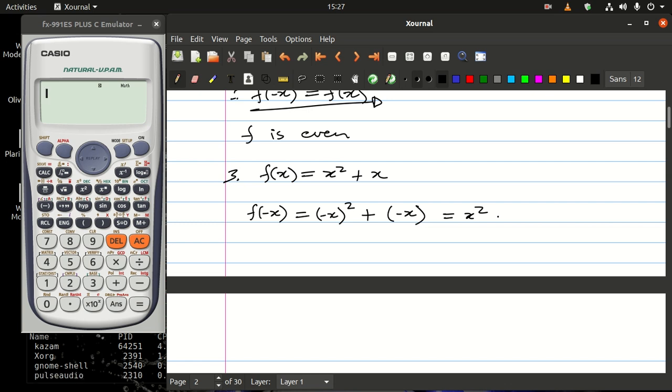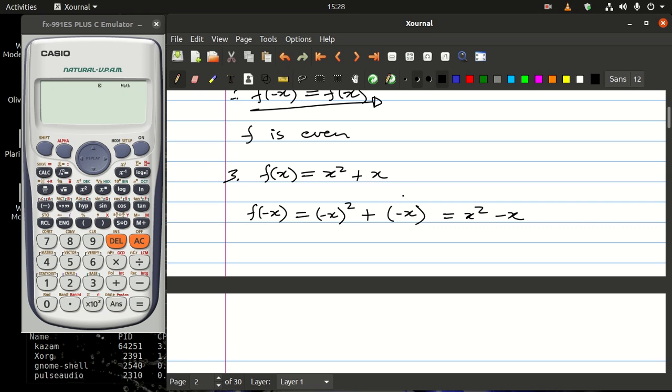A minus and a positive is just going to be minus x. Now, if you look into this, this is not the same as f of x.